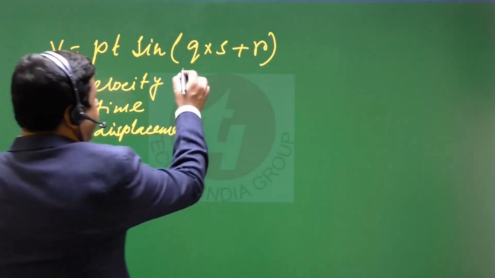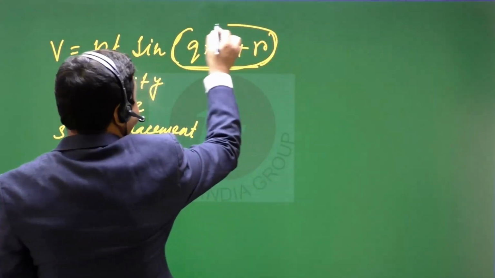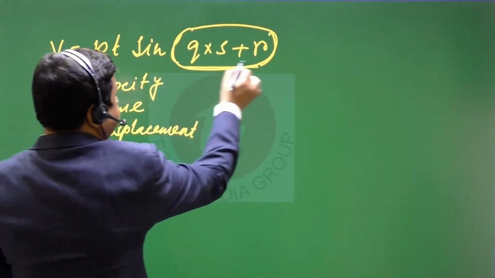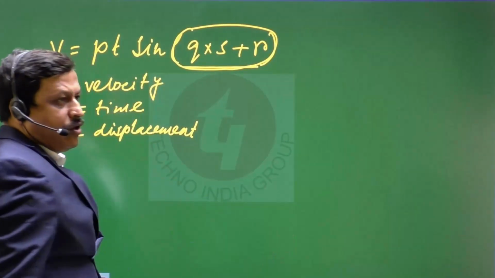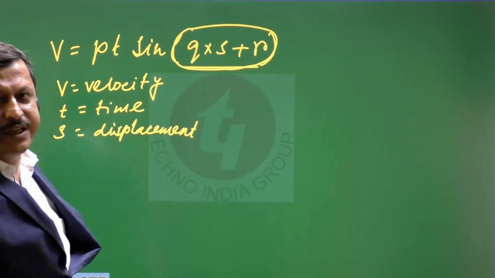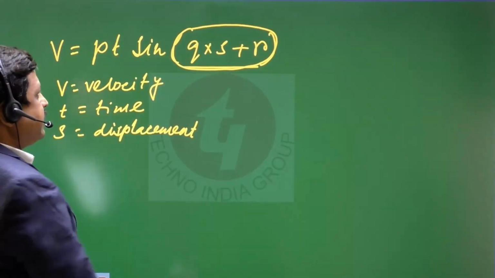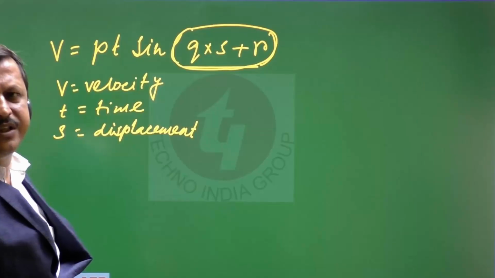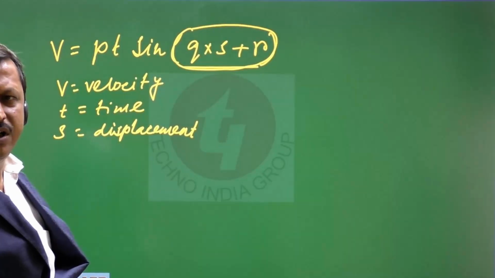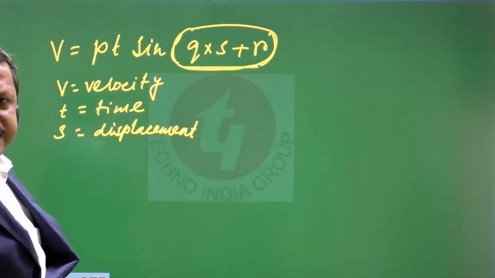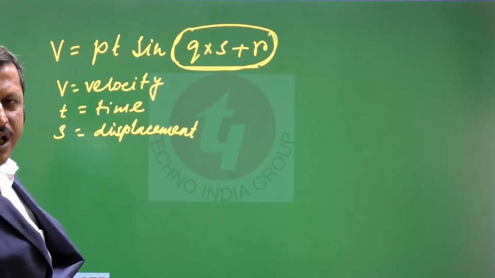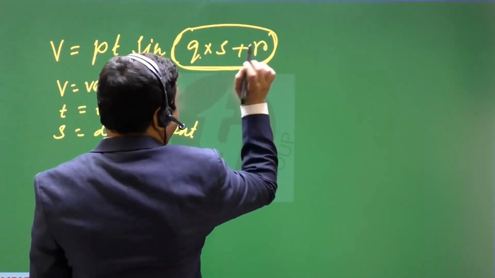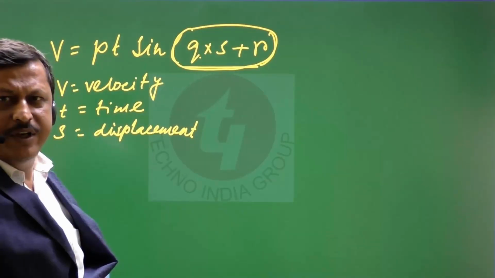Here this part is represented by an angle, right? Because sine of this, we can write sine of 60 degree, sine of 30 degree. That means this total term represents an angle. So that is dimensionless. You know that angle is dimensionless. So Q into S plus R both are dimensionless.